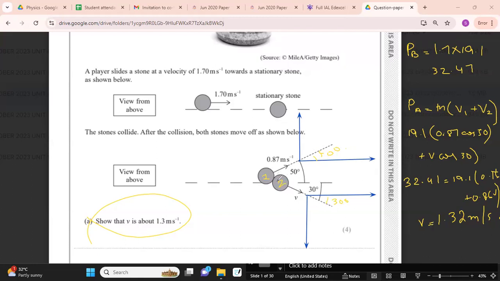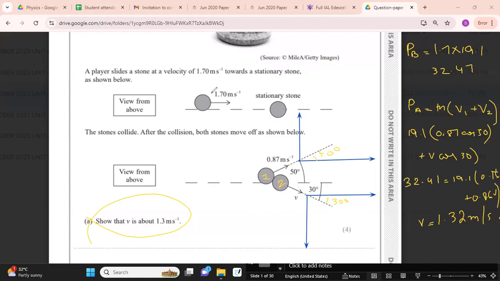Similarly, over here, momentum of object 2 after the collision in the horizontal direction is going to be, again, mass multiplied by v cos theta. And hence, you can find the momentum in the horizontal direction. Once you have found it, it has to be equal to the momentum before the collision. And then the rest of it is an algebraic solution.